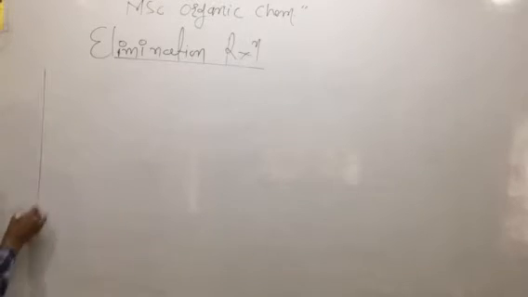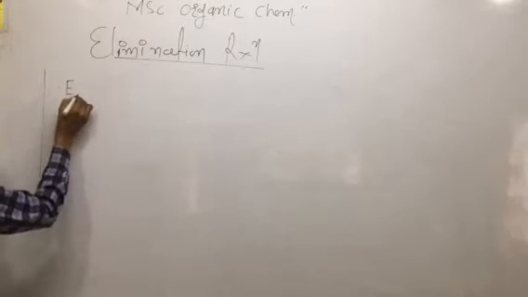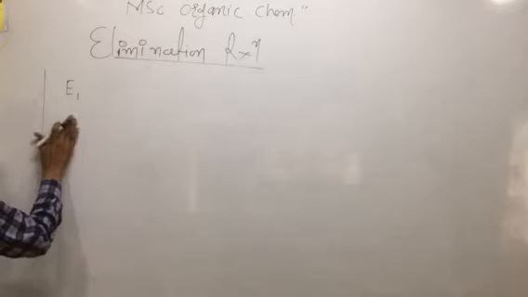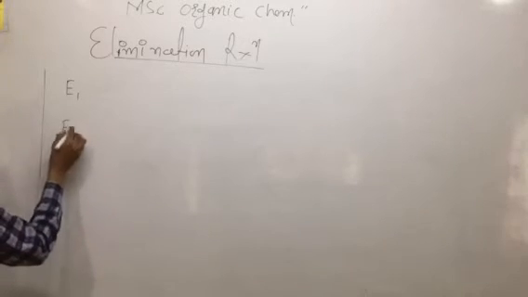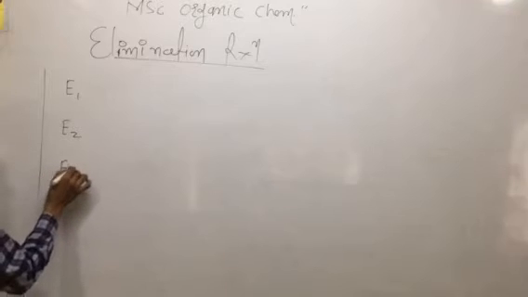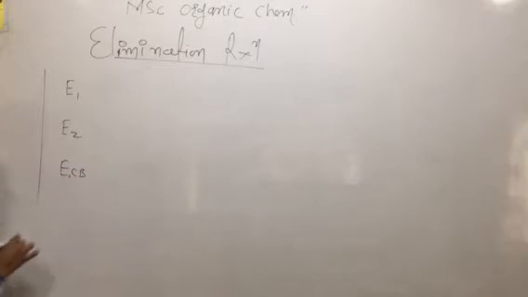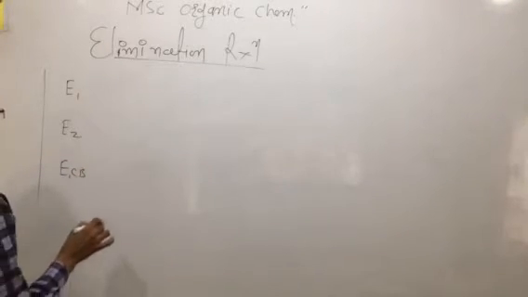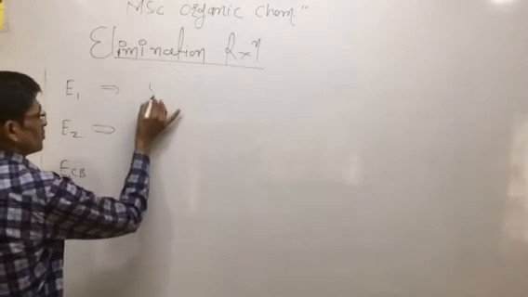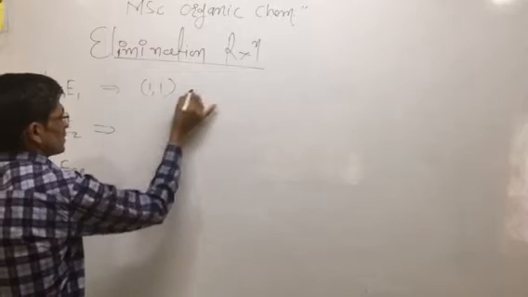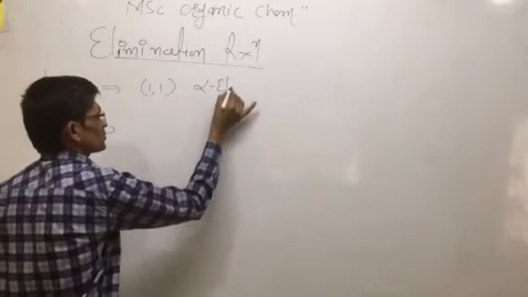In this part of the syllabus we have the E1 reaction and the E2 reaction, and the E1CB reaction. So what is the E1 reaction? The E1 reaction is called the alpha elimination reaction.